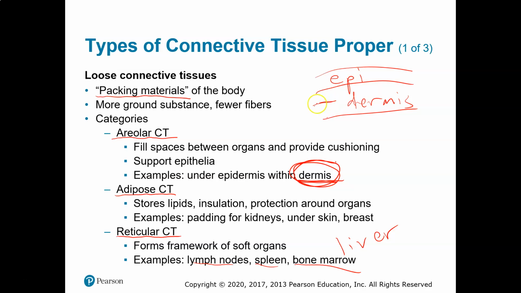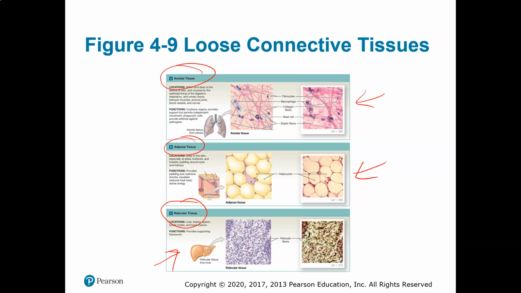Okay, so the upper part of the dermis is areolar connective tissue, and then this part, the lower part of the dermis or the deeper part of the dermis, is dense irregular connective tissue.